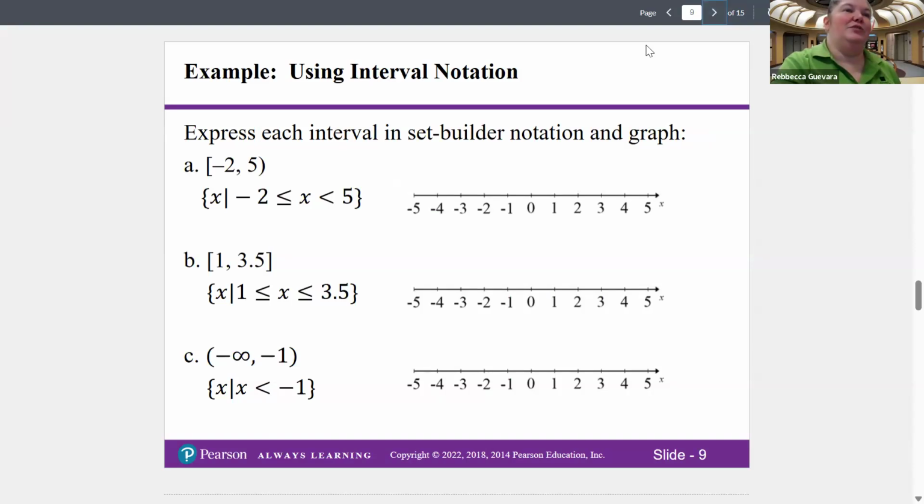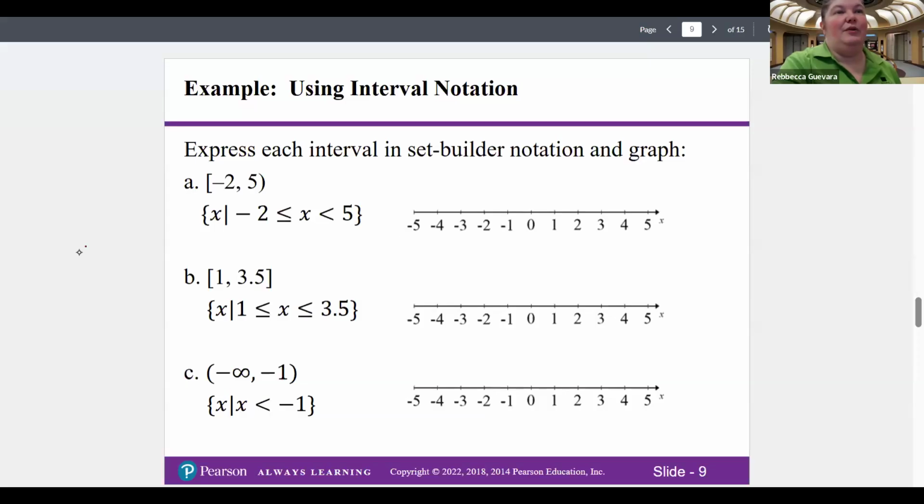So what we're going to do is graph some of these quickly. When we're trying to graph these, remember that if we have less than, greater than, or parentheses, that means we have an open circle. If we have less than or equal to, or brackets, that's a closed circle.